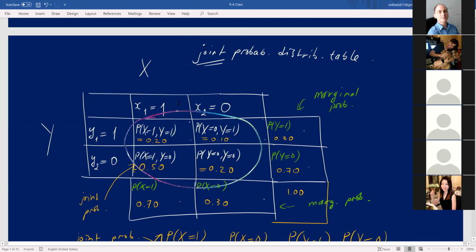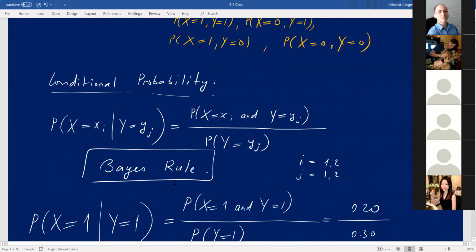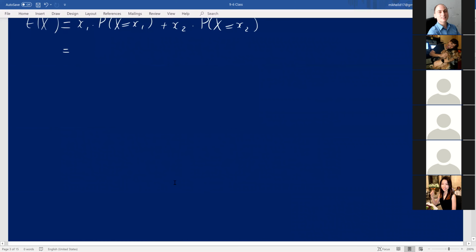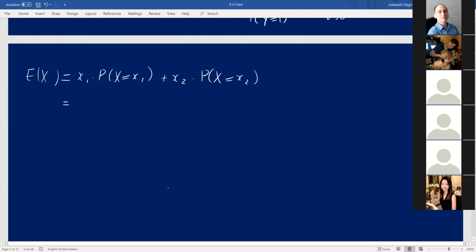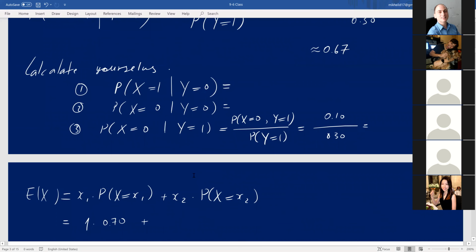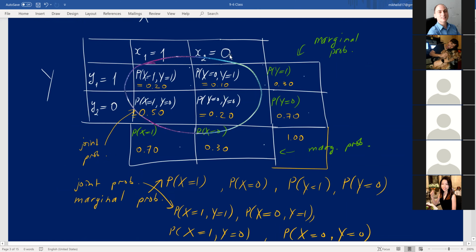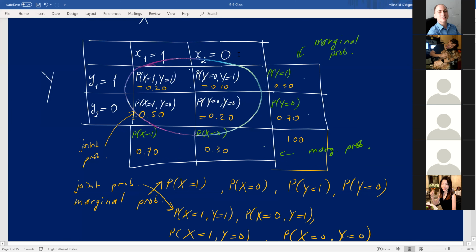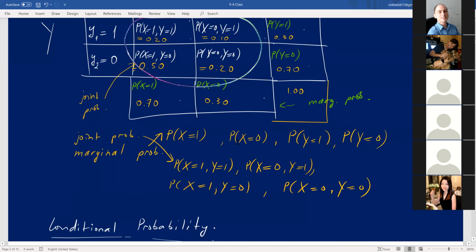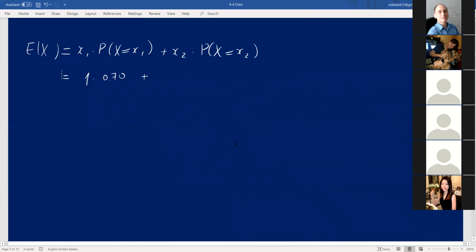What's the probability that x equals 1? 0.70. So you write 1 times 0.70. Then, what's the second possible outcome of x? 0. What's the probability that x equals 0? That's 0.30. So plus 0 times 0.30. And this will be 0.70.